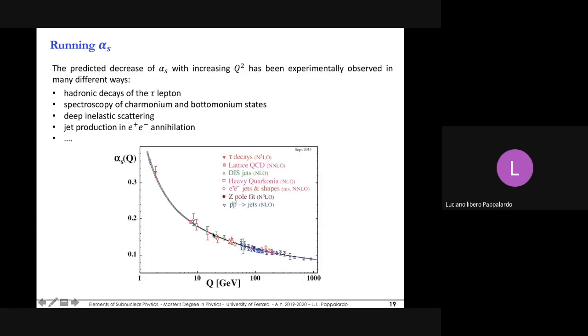And this plot here essentially gives you a collection of all experimental data based on very different processes, very different experiments, okay? And altogether, they reproduce this logarithmic decrease of the alpha strong with increasing transfer momentum, okay?